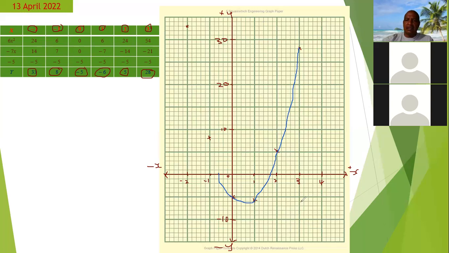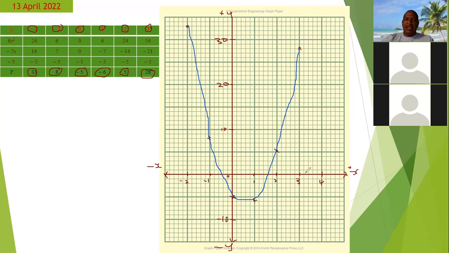All right, this is not such a nice curve. Let me try again. It's a little harder to do it on this. Well, it's not accurate, guys, but you get the idea.